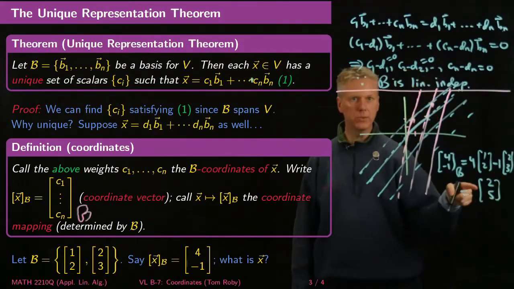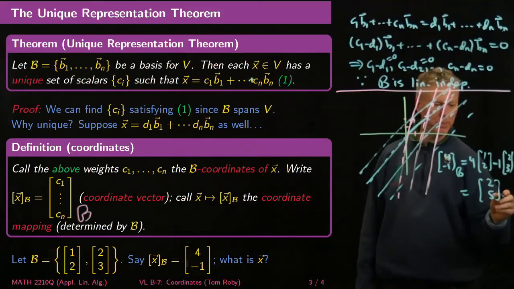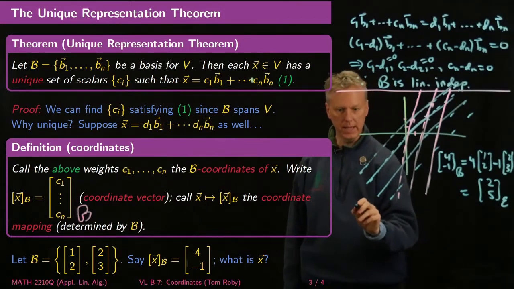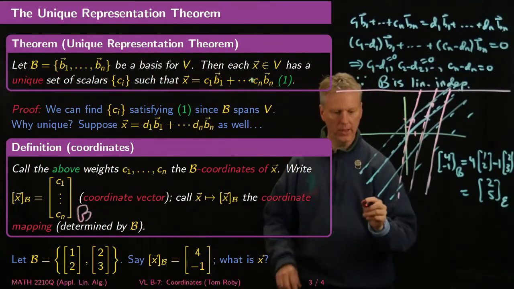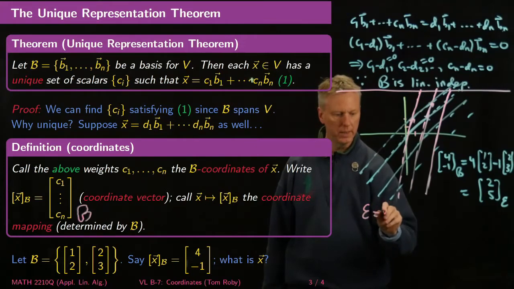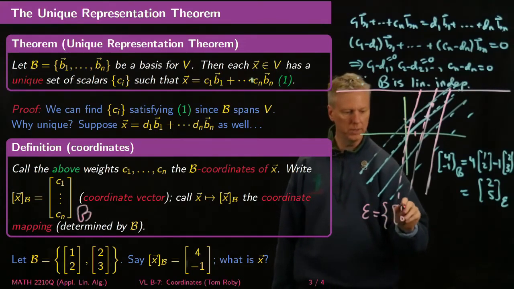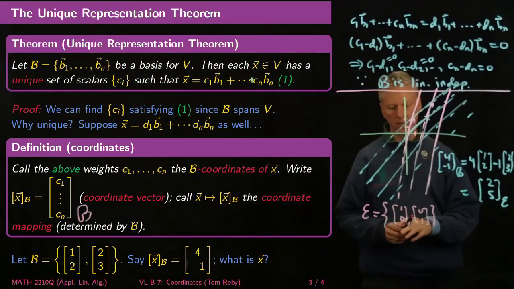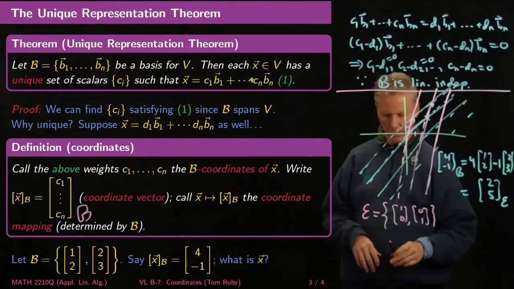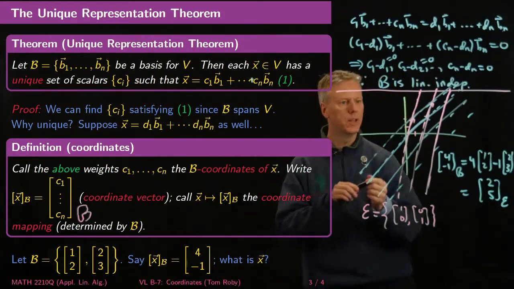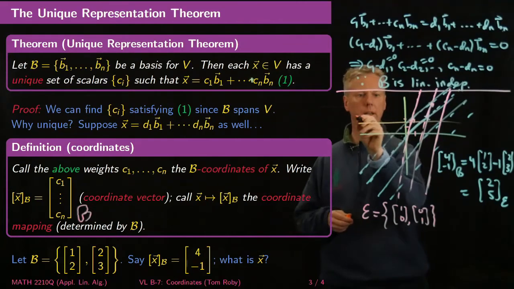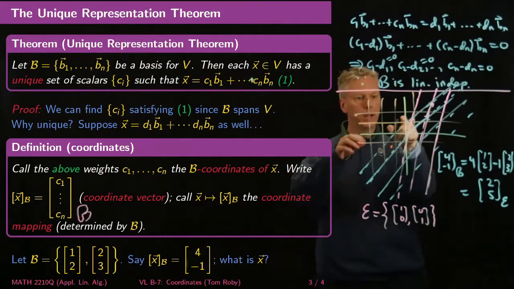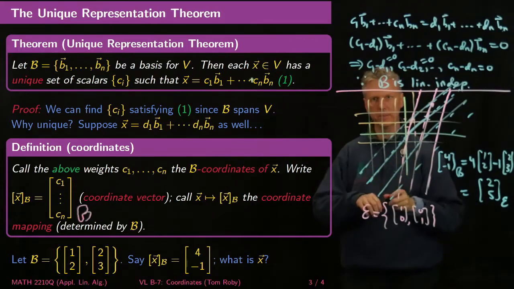Okay? And so when I write this (2, 5), I mean for this to be in the standard basis, and sometimes I'll just write that as script E. So script E, by definition, in this context, is the standard basis, which is (1, 0), (0, 1). In general, it's all the columns of the n by n identity matrix in R^n. So with respect to that standard basis, you're thinking about everything as being gridded the usual way, by little squares instead of by parallelograms.